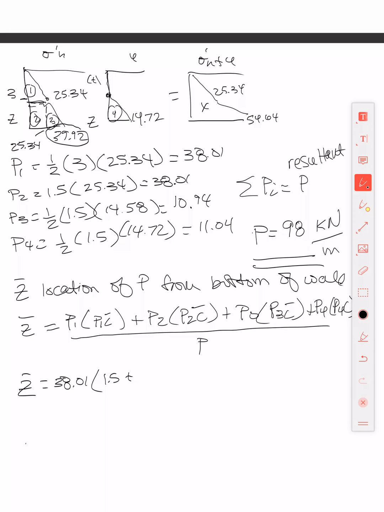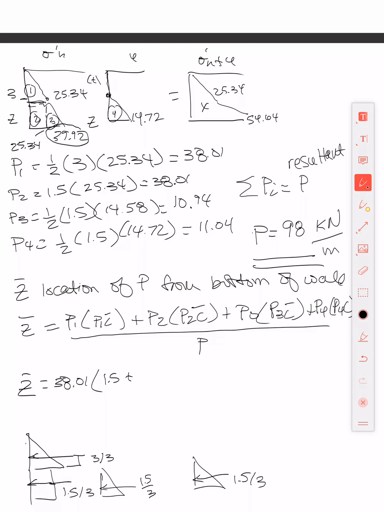For the triangle, it's going to act 1/3 from the base. For the rectangle, it's going to act halfway. The other triangle that's here also acts at 1/3, and the last triangle from the water also acts at 1/3.